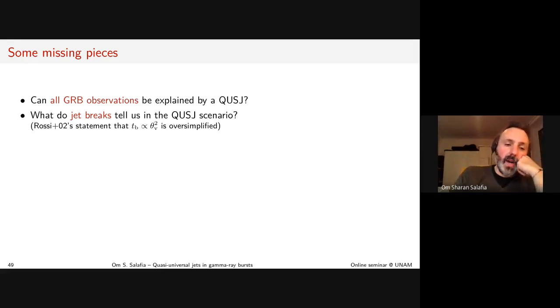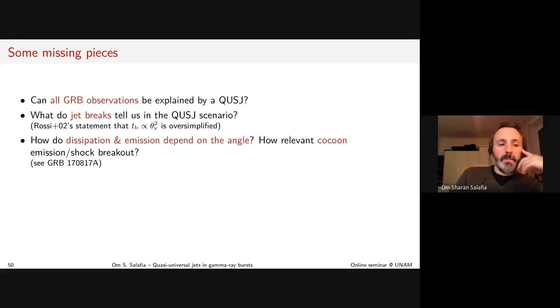In some slides before, I told you that in 2002, Rossi and collaborators found that the jet break time in off-axis structured jet afterglow light curves scales as the viewing angle squared, but this is oversimplified and should be looked at in more detail, because these should give us the reason why we find similar collimation corrected energies when we model all jets as on-axis uniform jets.